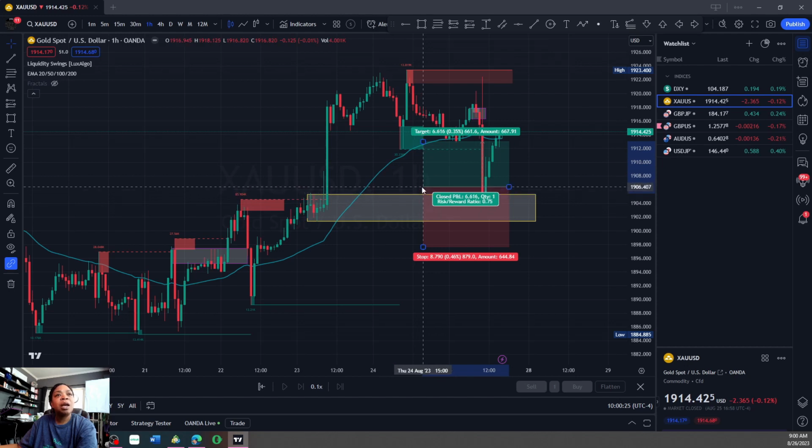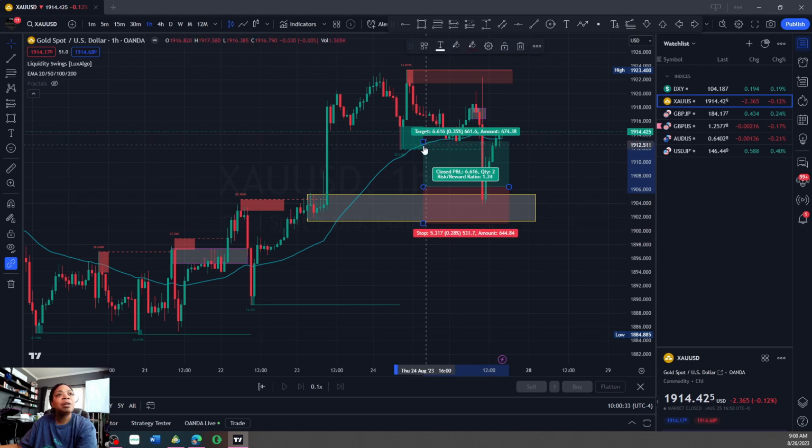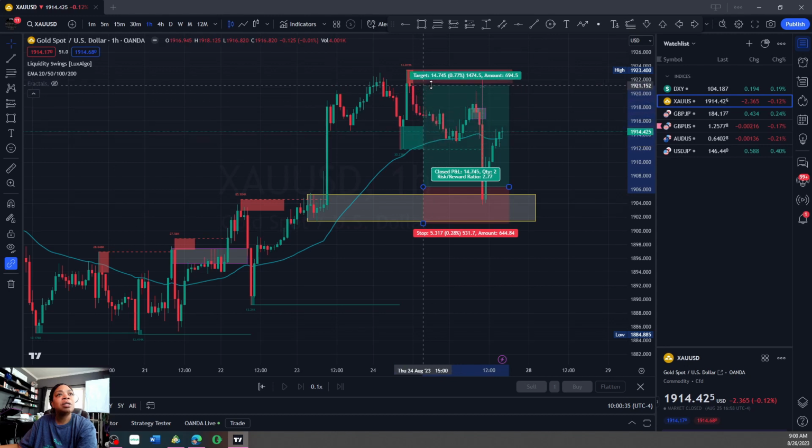I probably would have got in somewhere around there. Put my stop loss a little bit below this area here, and just took my take profit up here, since this is the high.